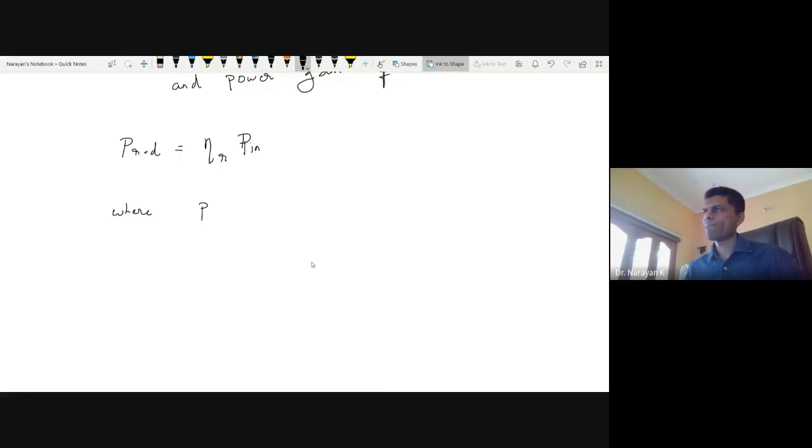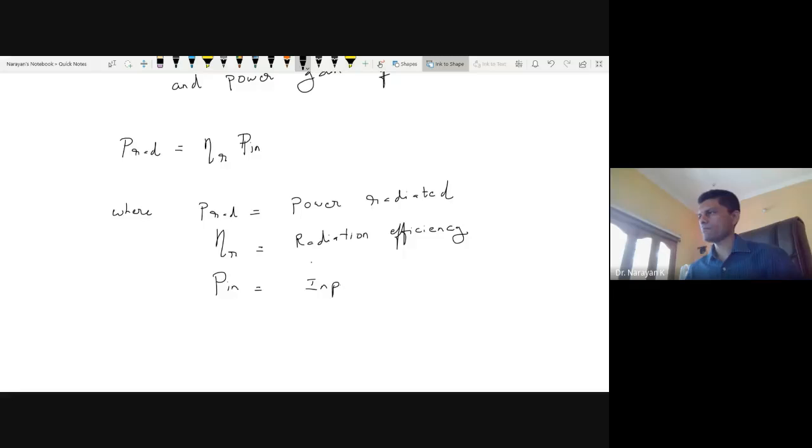where P radiation is nothing but power radiated, and eta R is your efficiency, also known as your radiation efficiency, and P in is your input power.